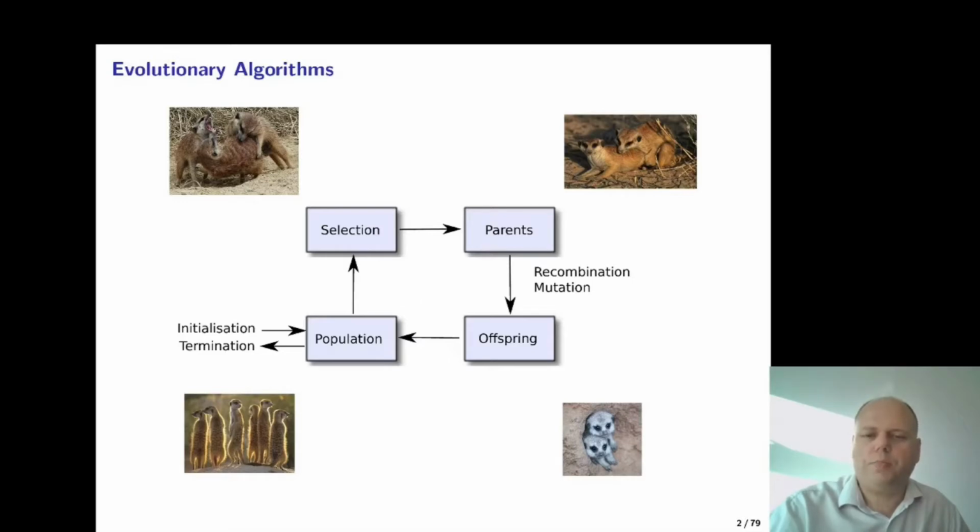These offspring are variations of the selected parents. This is now repeated in several generations. Each cycle here is called a generation. The hope now is that over time the population will improve and get better and better individuals.